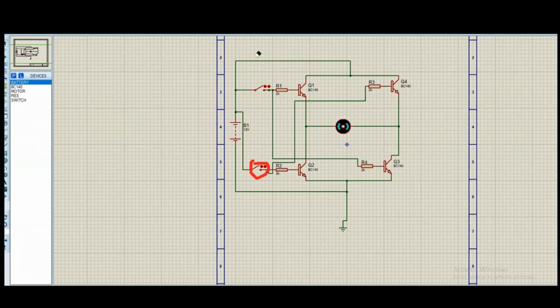Now let me start from this voltage source and move further through all of the components. I will explain the circuit in more detail, and then we will focus on the advancements. Here, the collectors of both of the upper transistors are directly connected to this voltage source.